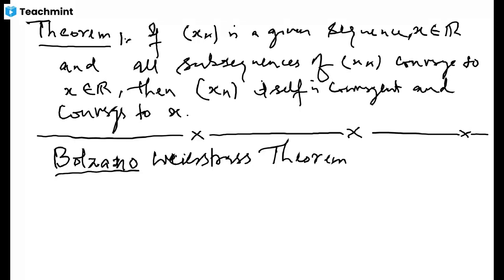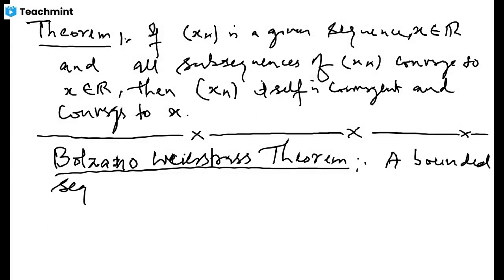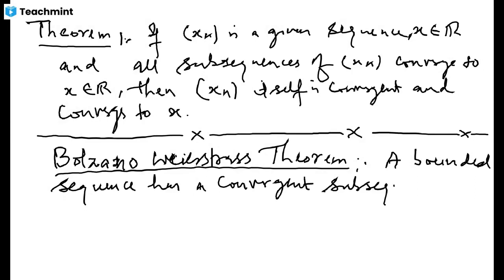This is the Bolzano-Weierstrass theorem version for sequences, and what it says, in very simple language, is that a bounded sequence has a convergent subsequence.